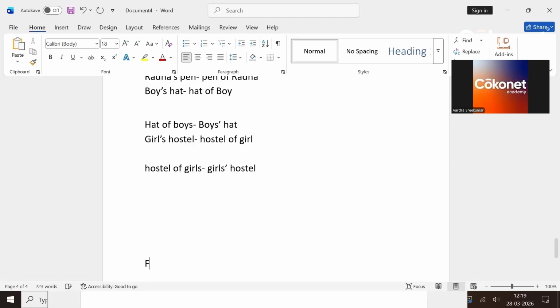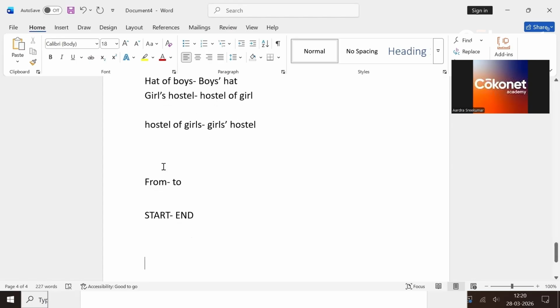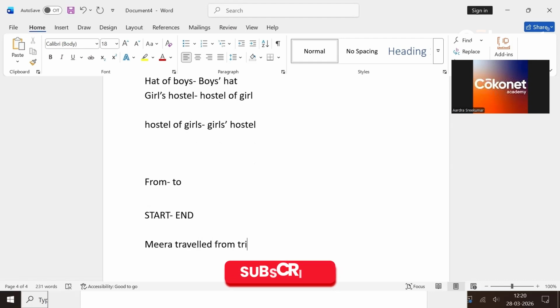And now another common one, from and to, very simple. When you have to state something for the start and end, or beginning and end. Meera travels from Trivandrum to Kochi.